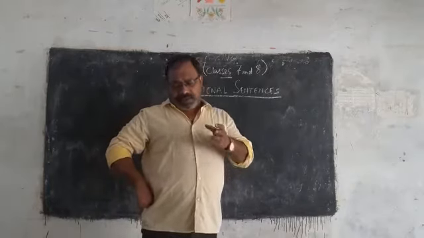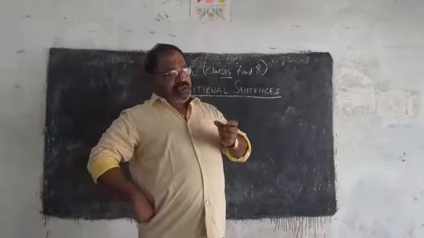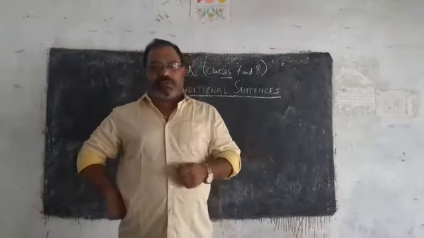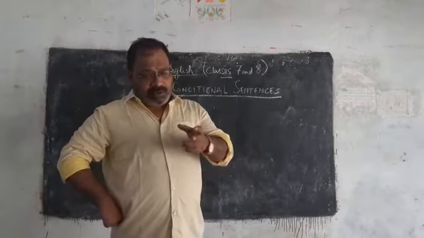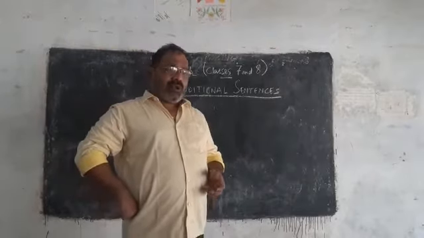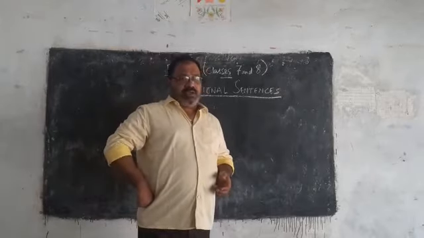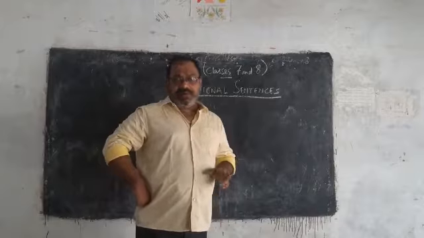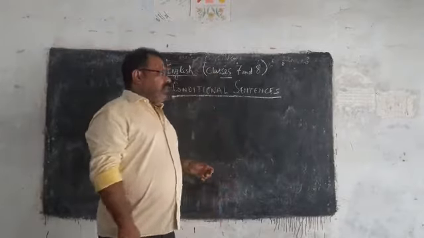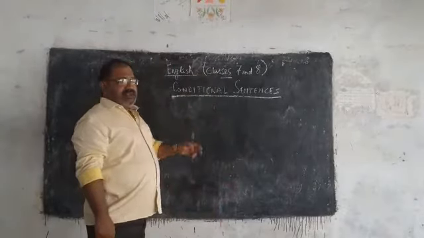It may be a situation which may be possible or may not be possible, and we don't know about its consequences. It may happen or may not happen. These type of sentences are called conditional sentences.